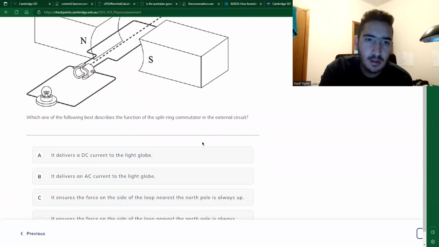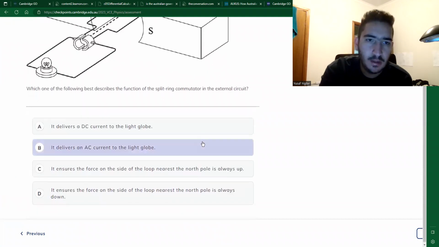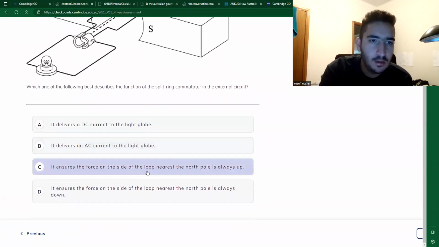It delivers a DC current to the light globe. It delivers an AC. I don't think it's AC. It ensures the force on the side of the loop nearest the North Pole is always up.